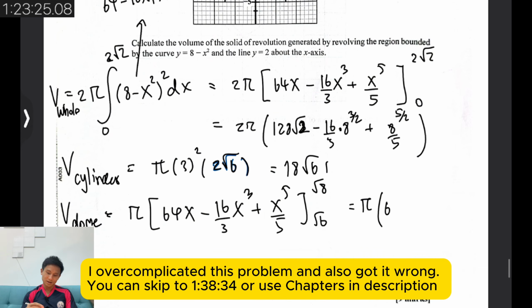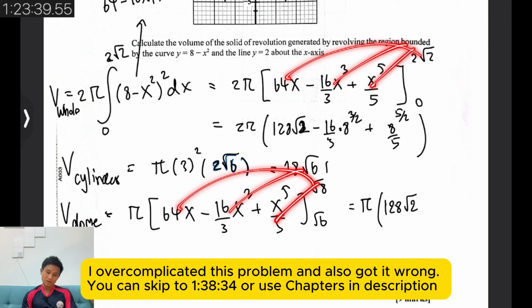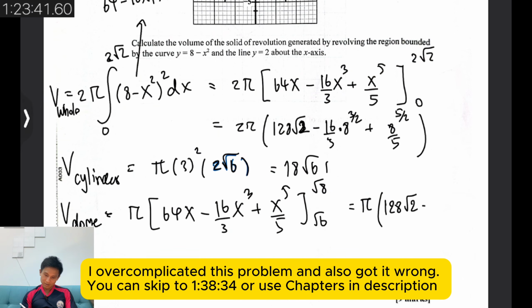No, it's the same. 128 root 2. As you can see, this is the same, right? So it's the same here and the same here. Okay, so that can be, okay, copy that.